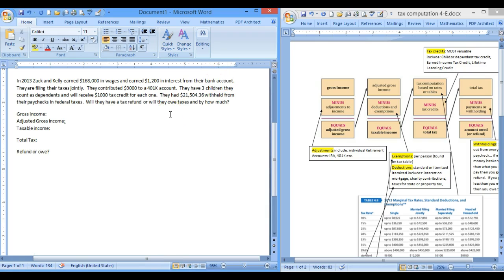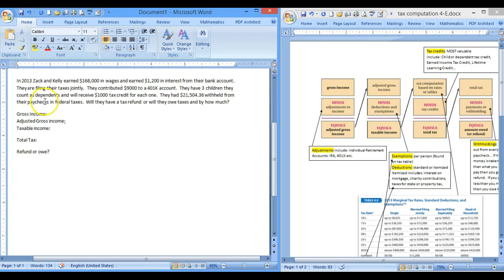So in this example, in 2013, Zach and Kelly earned $168,000 in wages and earned $1,200 in interest from their bank account. They are filing their taxes jointly. They contributed $9,000 to a 401k account. They have 3 children. They count as dependents and will receive $1,000 in tax credit for each one.